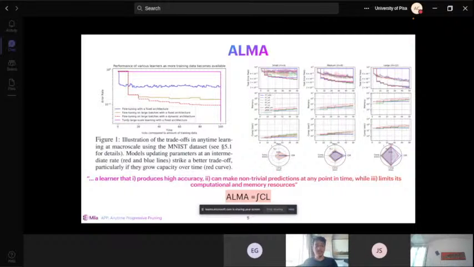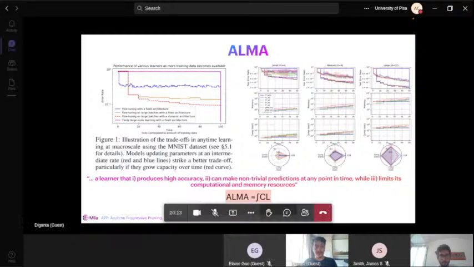What this paper particularly does, which they call Anytime Learning at Macroscale, is they try to find the optimal wait time in that particular stream to train the learner such that it actually is a good learner. So if you see figure 1, which is plotted on the left, on the x-axis you have the time, the data stream.